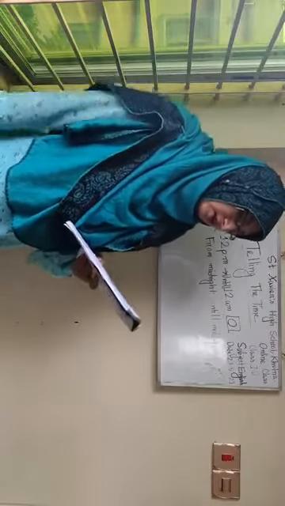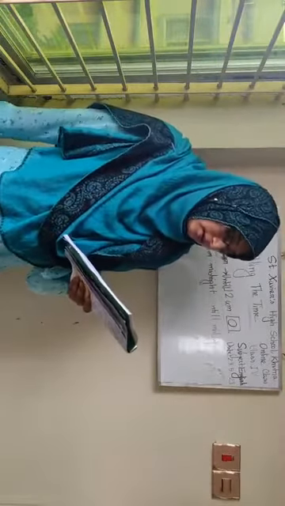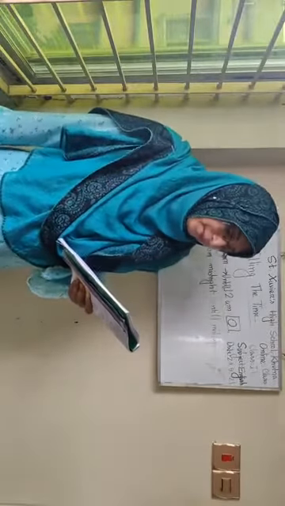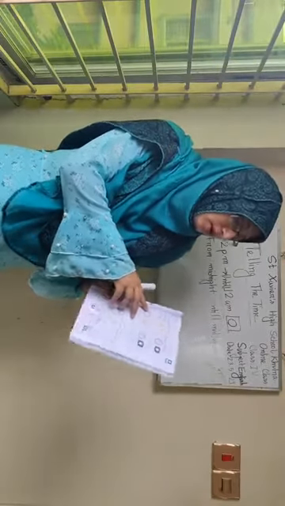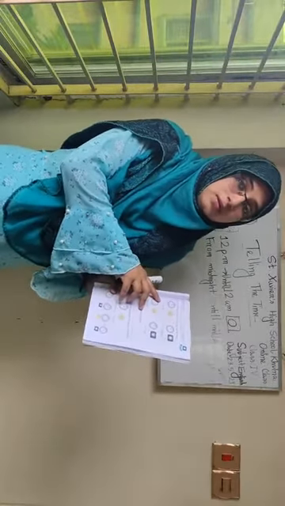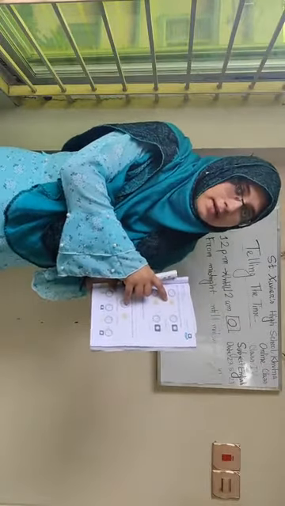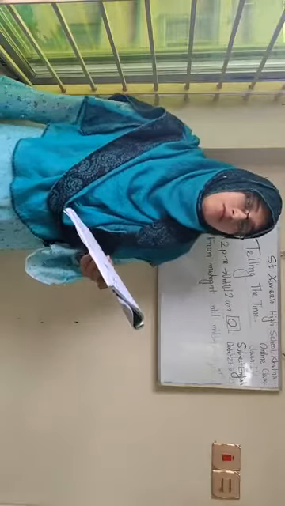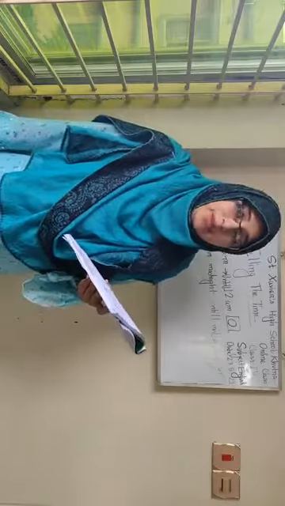Now look at the clocks. Write T for true and F for false. It's 2 PM. It's 2 AM. Is it right or wrong? It is of course false, because we see the sun here. So we can say that it is false, and the correct answer is it is 2 PM.